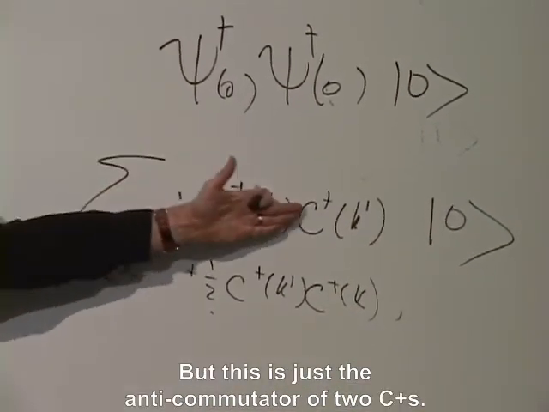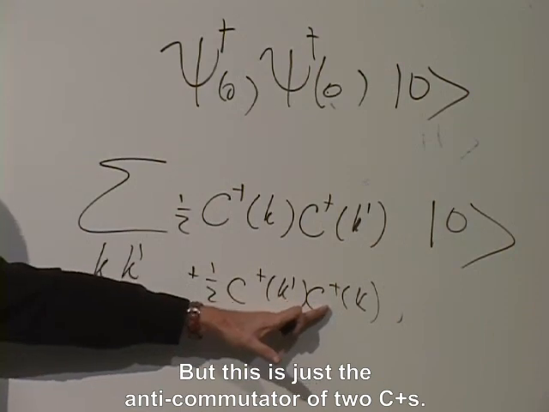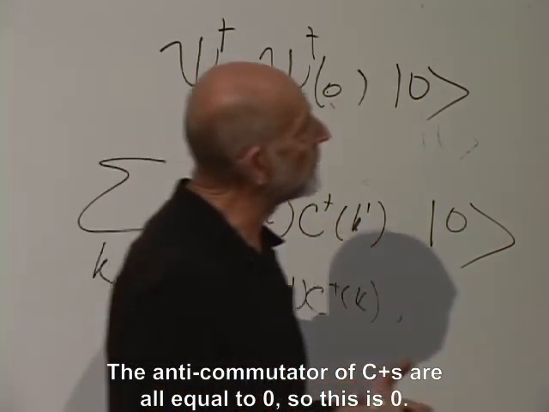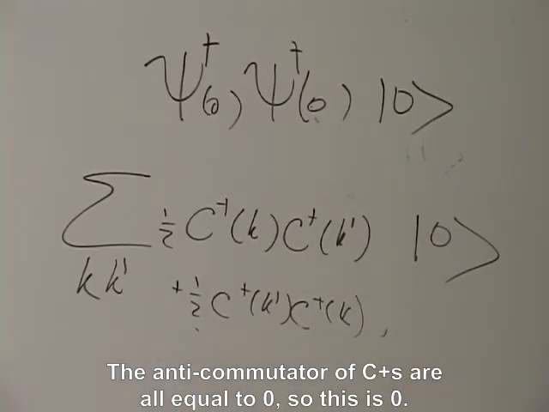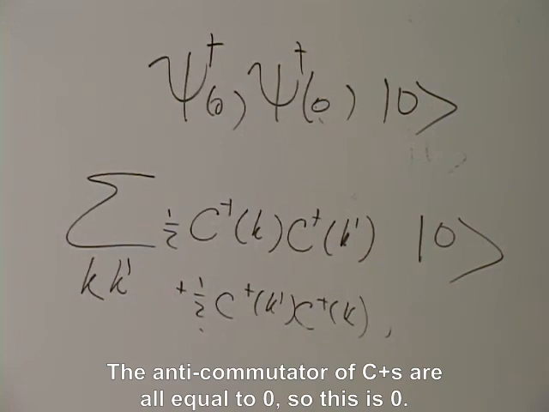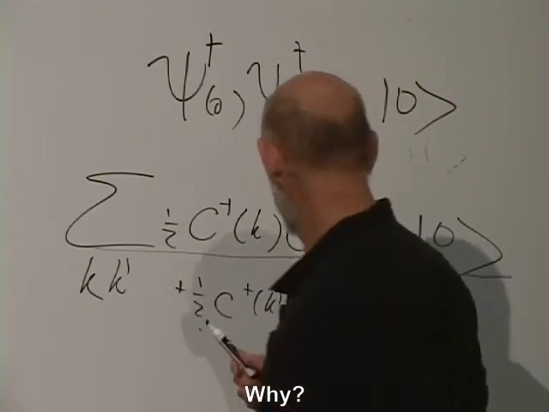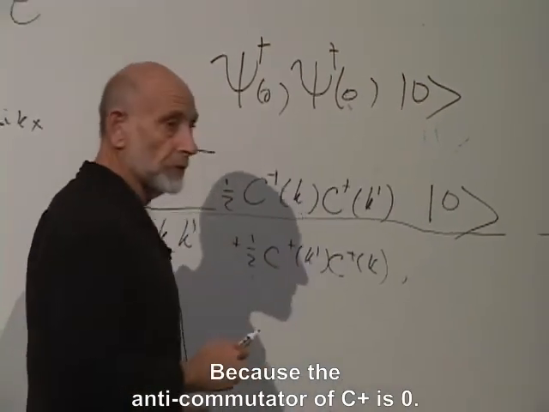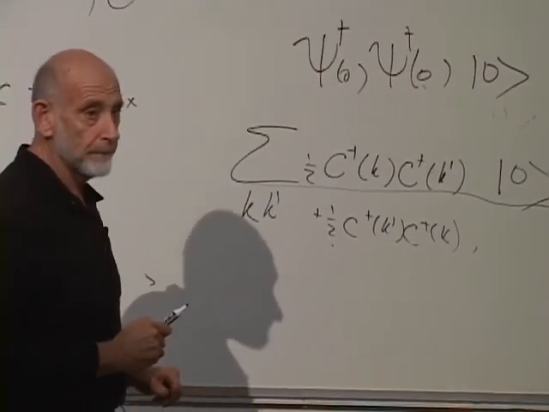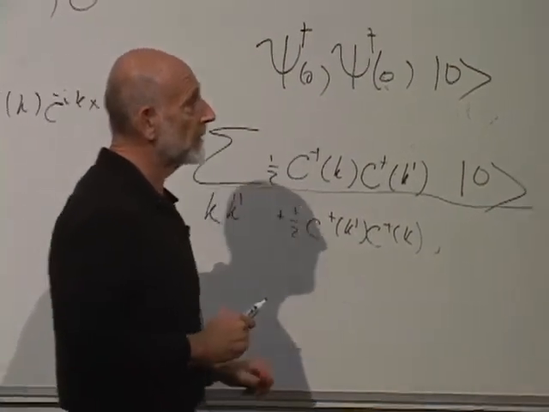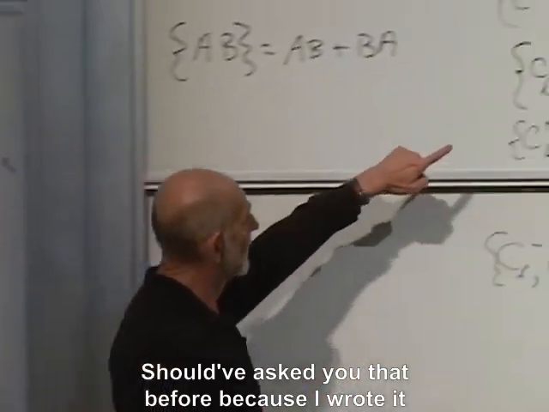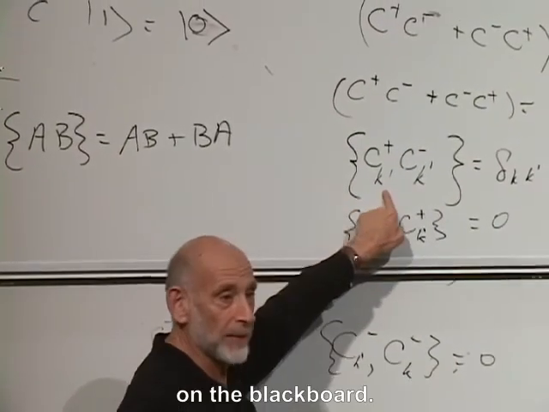But this is just the anti-commutator of two c pluses. Anti-commutator of c pluses are all equal to 0. So this is 0. Why? Why? Because the anti-commutator of c pluses is 0. Why is it 0? You should have asked me that before. Because I wrote it on the blackboard.